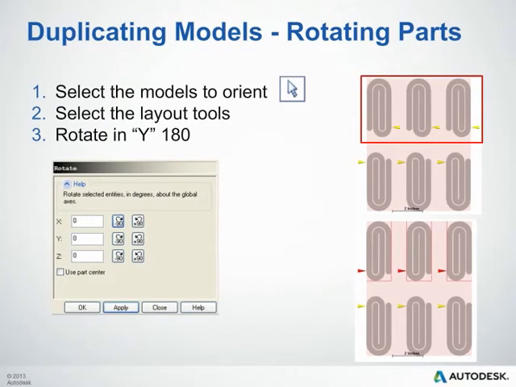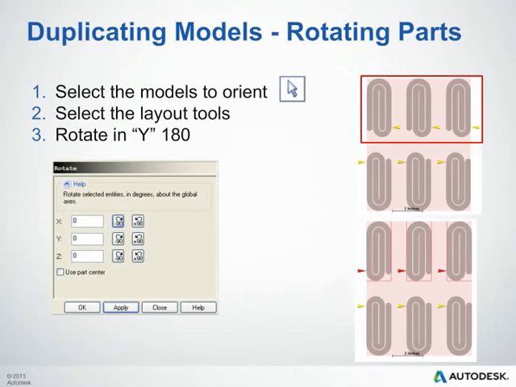As you may have guessed, there is a tool for rotating parts. In the top scenario, we used the cavity duplication tool to create 6 cavities. However, the top 3 cavities have the injection cone on the right-hand side, whereas the bottom 3 have it on the left-hand side. So let's change that for the top 3 cavities.